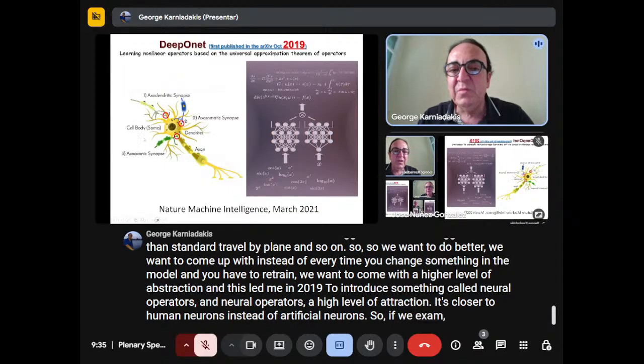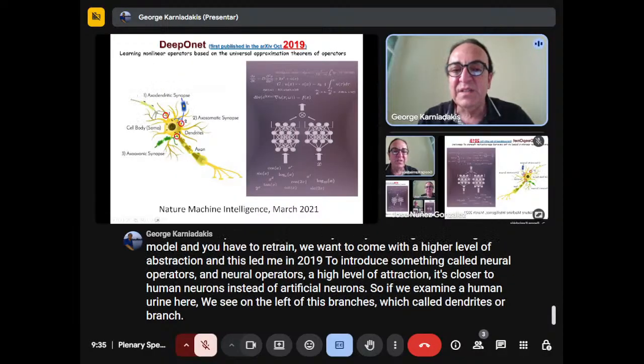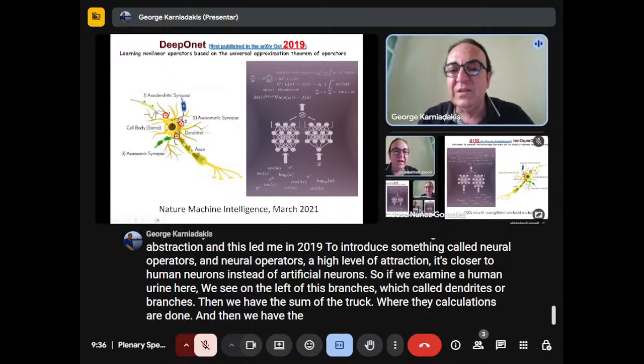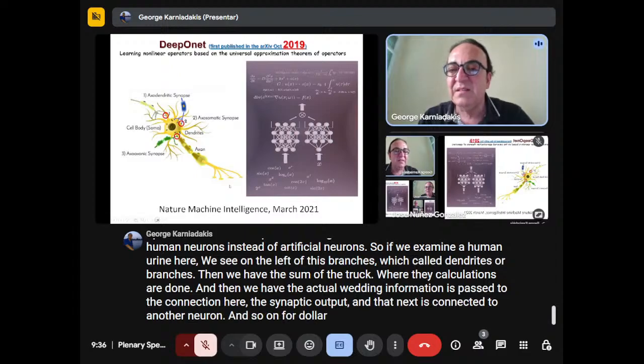So if we examine a human neuron here, we see on the left all these branches, which are called dendrites. Then we have the soma or the trunk, where all the calculations are done. And then we have the axon, where the information is passed to the connection here, the synaptic output. And then this is connected to another neuron and so on for downstream tasks.